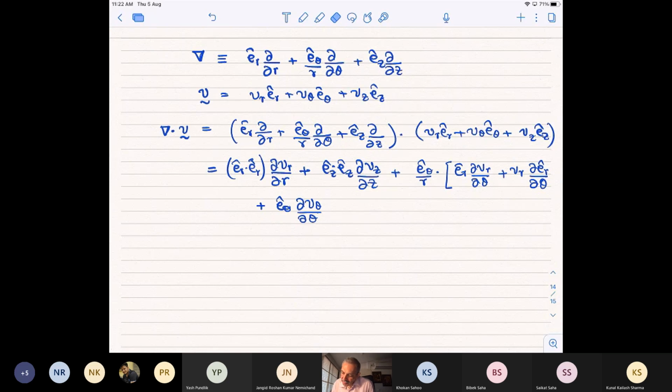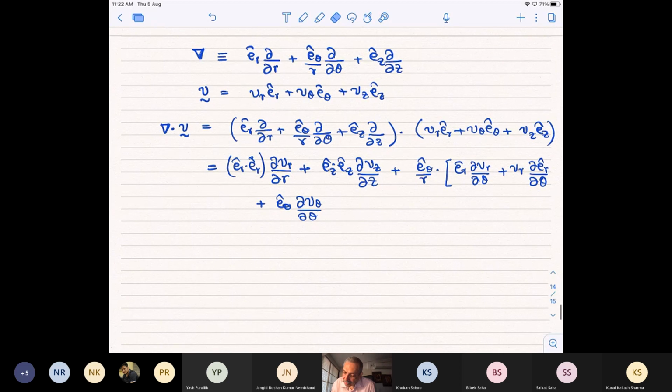So this is the derivative with respect to theta of the scalar part, and now of the vector part, that will be plus V theta del E theta by del theta. And then for the Z term, there is no derivative with respect to Ez. So the only thing we have to do is del Vz by del theta, so you just have plus Ez del Vz by del theta.